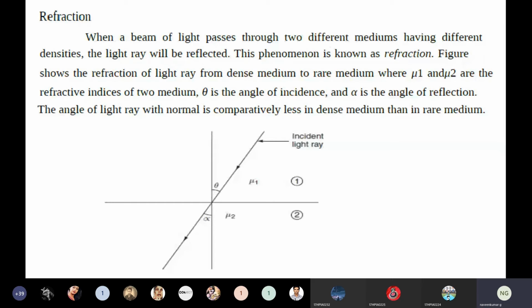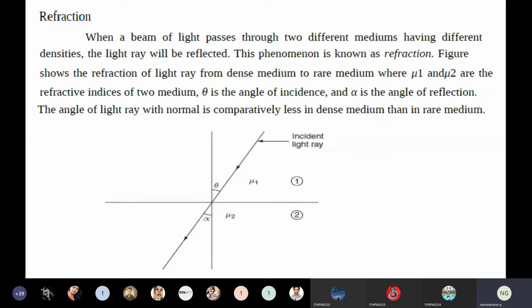Alpha is the angle of reflection, or you may say refraction. I don't know why he has given reflection, but fine, it is the angle at which it is refracted. The angle of the ray with the normal is comparatively less in the dense medium than in the rare medium. So this entire process is called refraction.